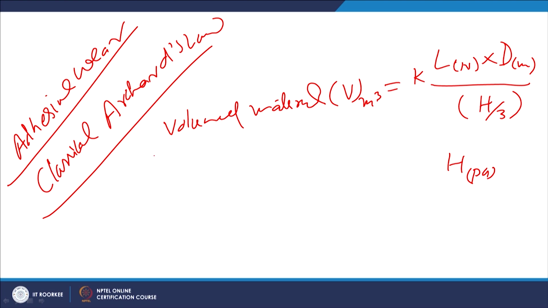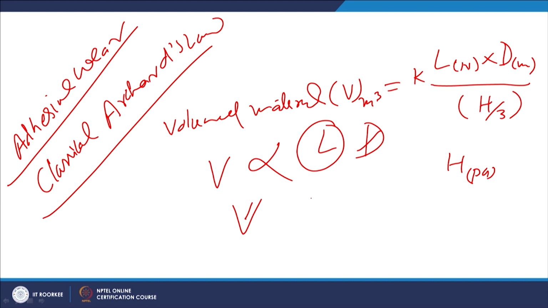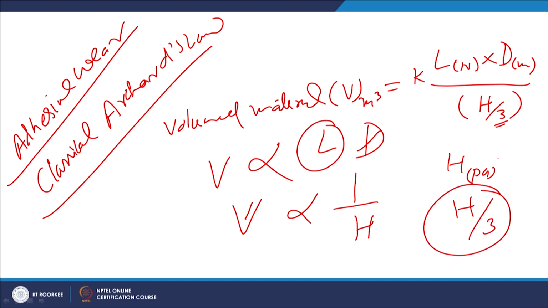So, the volume of the material loss V is actually proportional to the normal load which is applied and the sliding distance, while the wear volume is inversely proportional to the hardness of the material. So, this coefficient 3 is since the flow stresses are approximated with the help of 1/3 of the hardness, when the hardness is expressed in Pascal unit.